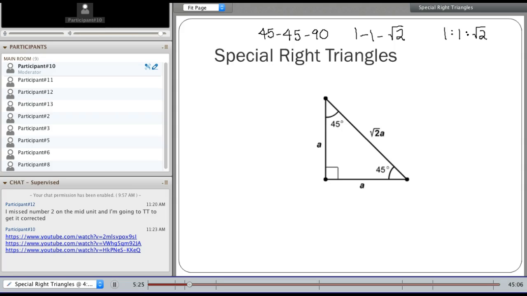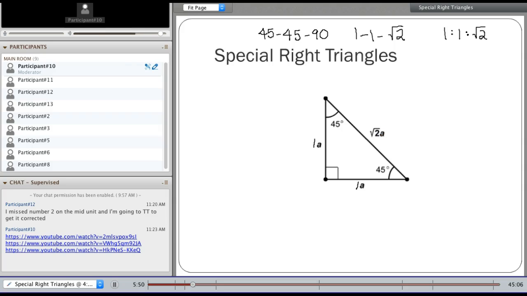That's the ratio of the sides. And all that refers to is the coefficient in front of the A. So you can see here on this picture that it's just A, or could be X, something like that. Doesn't matter what letter you use. But the coefficient in front of each of those is actually a 1. And so that's where the 1, 1, square root 2 comes from.